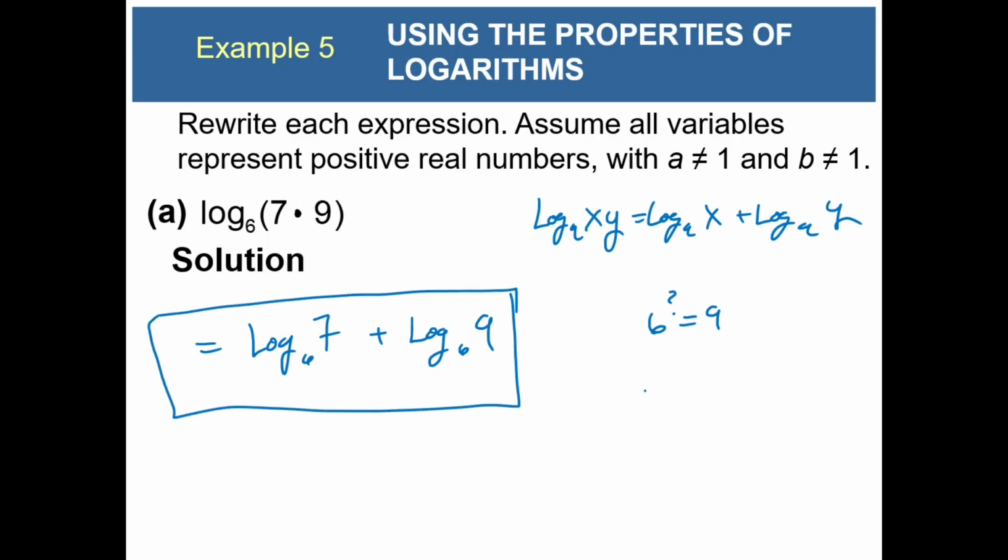There are some situations where you have to answer log base 6 of, let's say, 36, and this is asking 6 to what power gives us 36. In this case, I would say 2. So log base 6 of 36 can be replaced with the number 2. That's why we have to check to make sure we couldn't simplify any further.